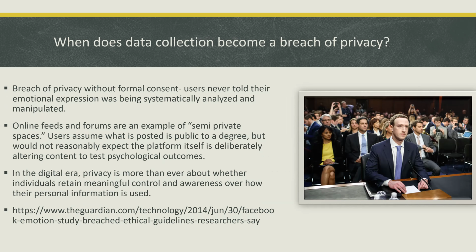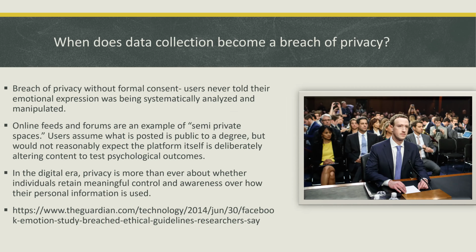Although the published paper reported aggregate findings, the experiment relied on access to deeply personal data: emotional language in posts, reactions, and engagement patterns. The ability of a corporation to algorithmically filter, categorize, and analyze that information at scale without explicit disclosure challenges traditional assumptions about what remains private in digital spaces.